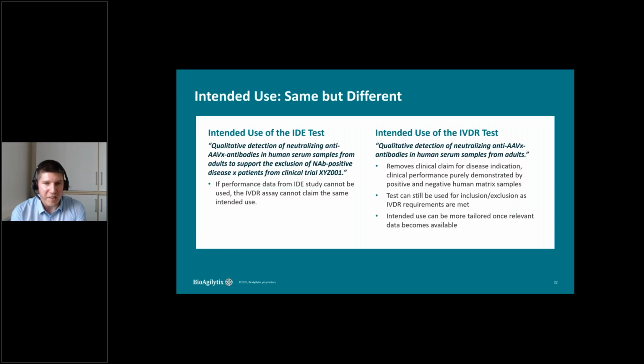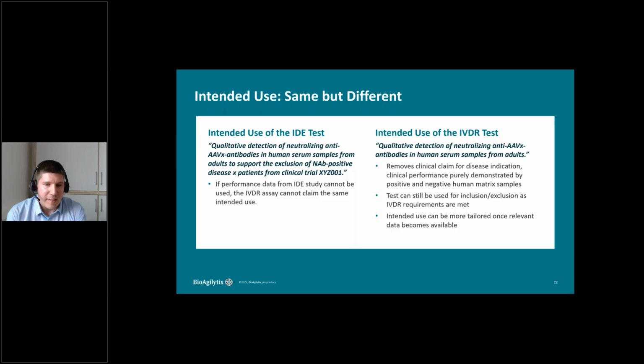If we jump over there, on the left side you see the intended use of the IDE test, which could be the qualitative detection of NAbs against that AAV capsid in serum samples from adults to support the exclusion of NAb-positive disease X patients from a clinical trial, whatever.